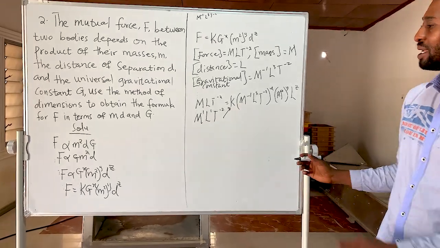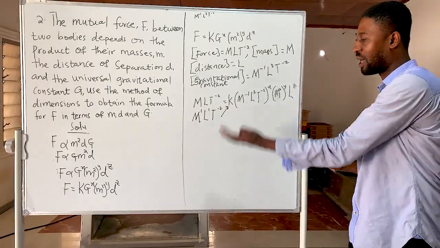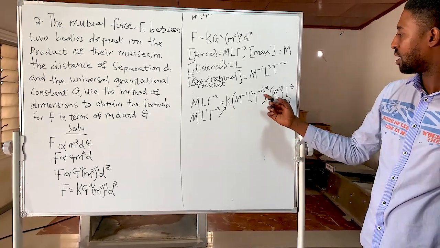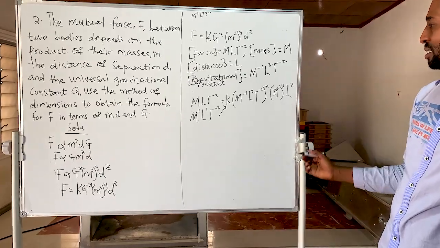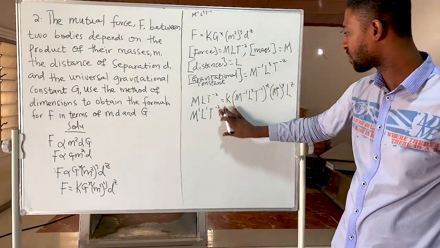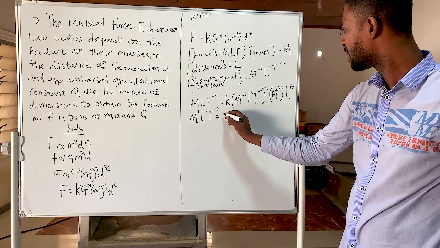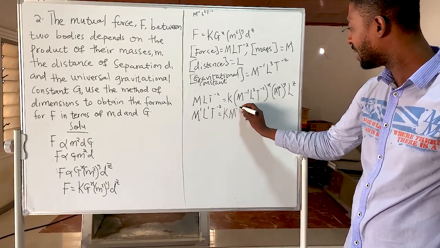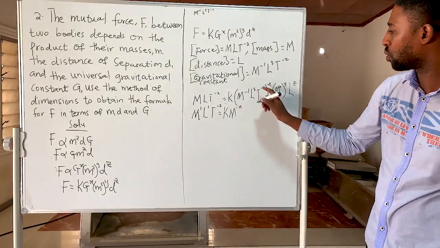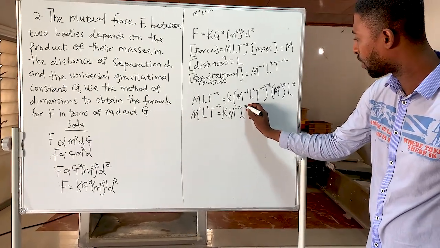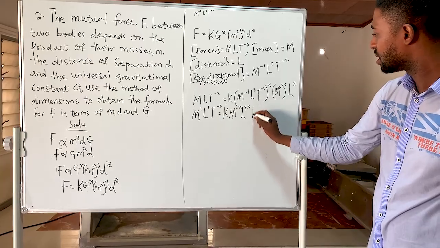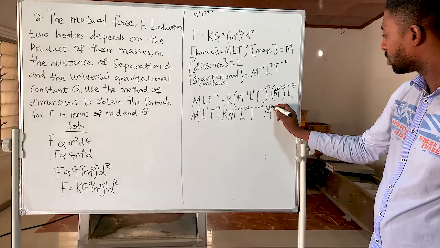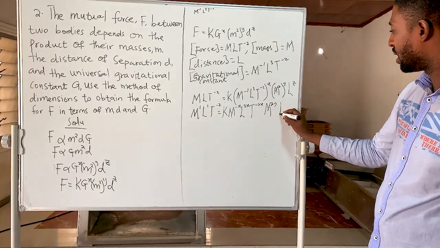So by comparing the left hand side of the equation to the right hand side of the equation, you'll be able to calculate the values of x, y, and z. But let's further simplify this. So here we are going to have k, m raised to the power minus x, because this is multiplying the whole bracket, L raised to the power 3x, t raised to the power minus 2x, m raised to the power 2y, l raised to the power z.